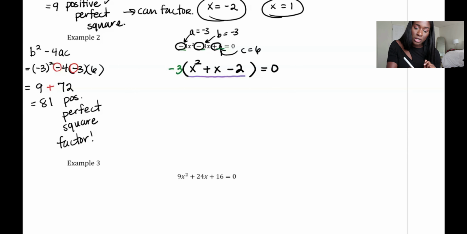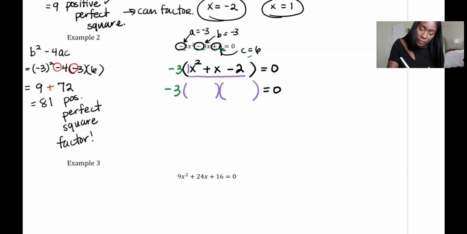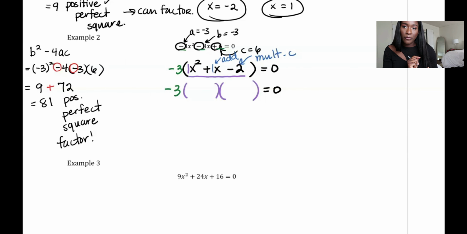Okay, so now we have a quadratic on the inside where a is 1. The new coefficient, the new number in front of x squared really is 1. So that piece I can factor by, again, finding two numbers that multiply to negative 2, multiply to c, and add up to 1. I'm getting 1 from the number in front of x. That's how you factor when a is 1.